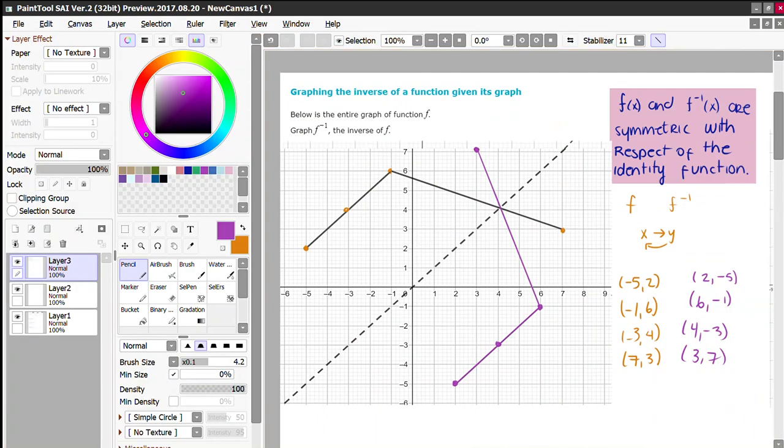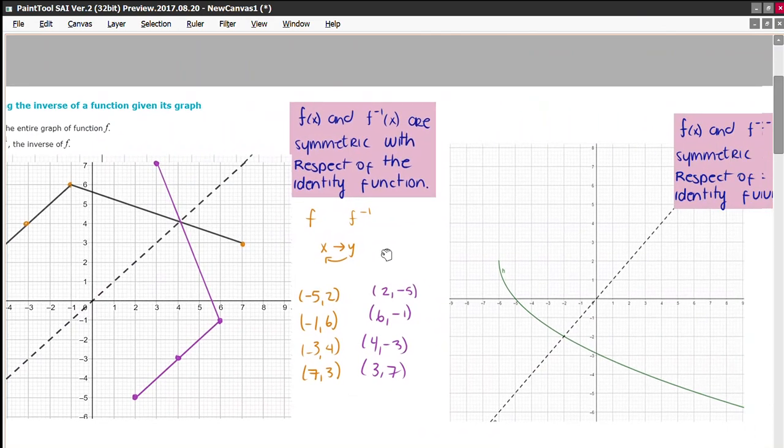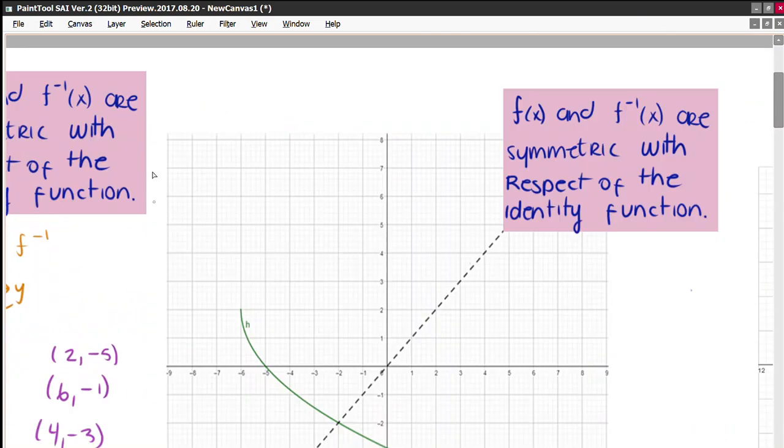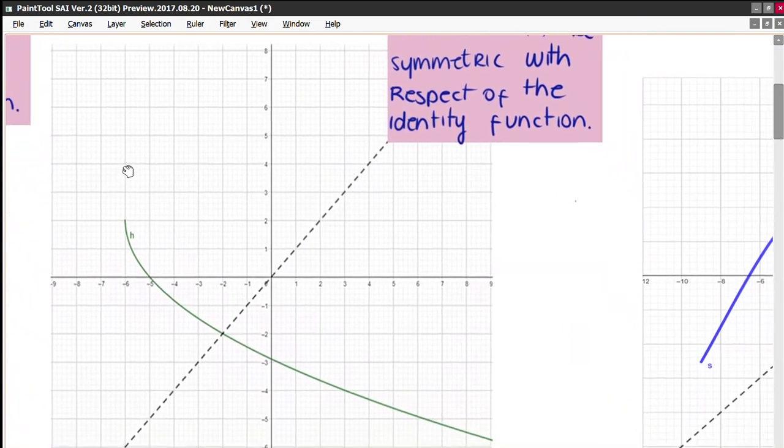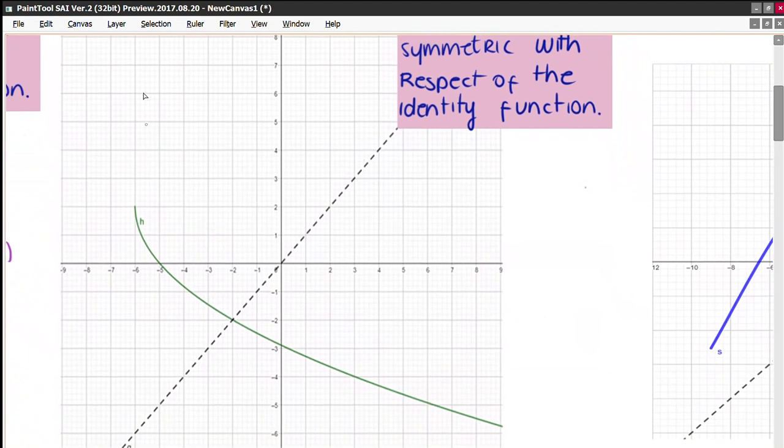Let's do another example. Here we have this function. So the first thing we have to do is identify points in this graph. For example, this is an easy point to identify. This is -6, 2. Another point that is easy to identify is this one, -5, 0.